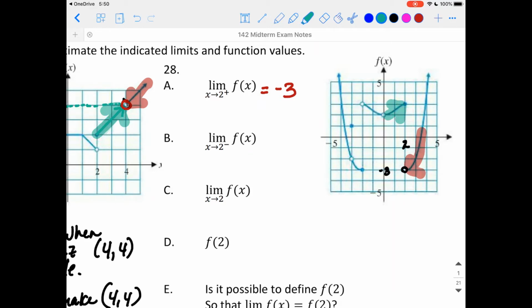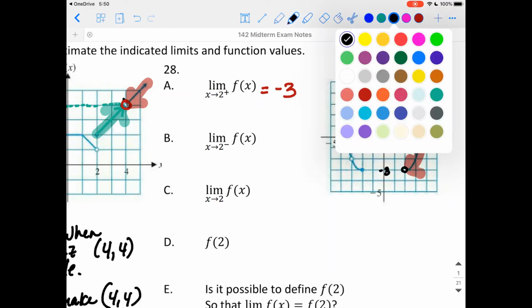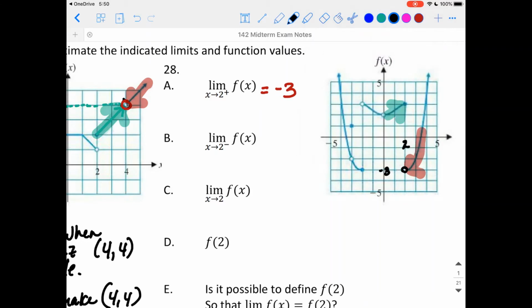And this is the point that it is approaching. So what is the y value at that point? It is +3.